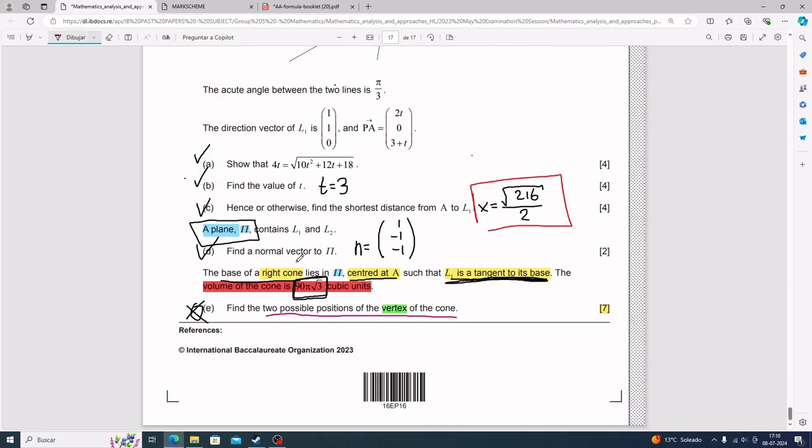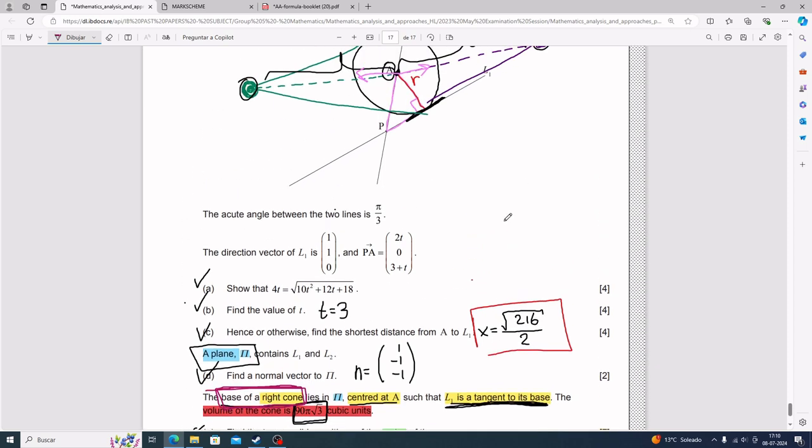Because it is a right cone, and this is another big idea I need to share, that means you have 90 degrees here, and the cone going around it. Maybe now it's going to be a little more clear.